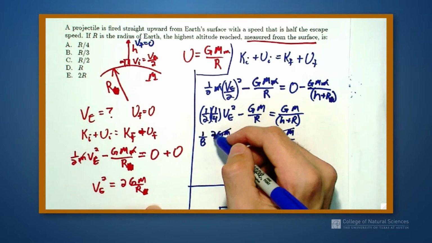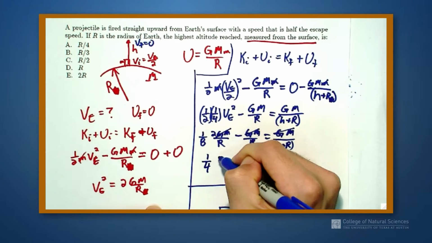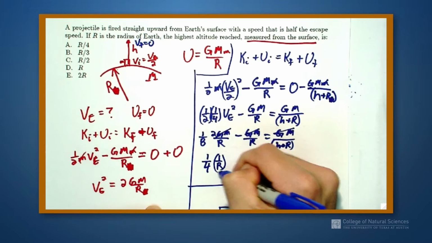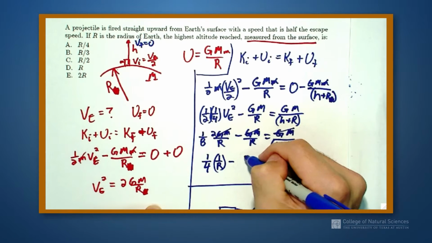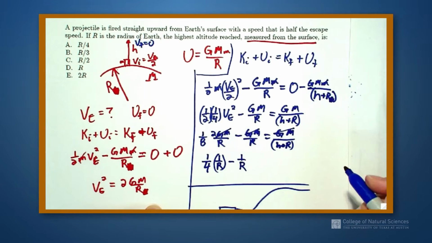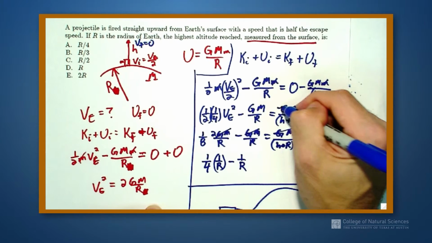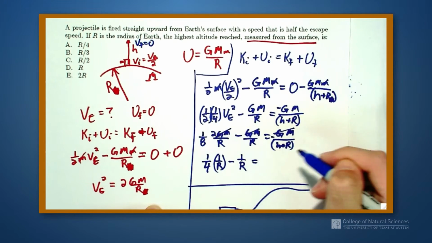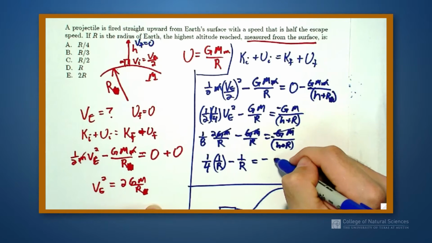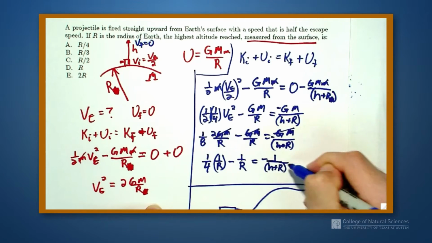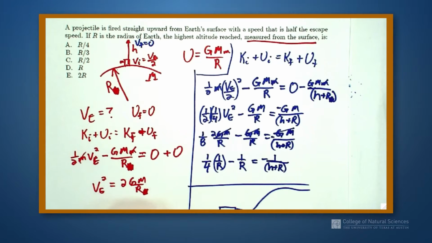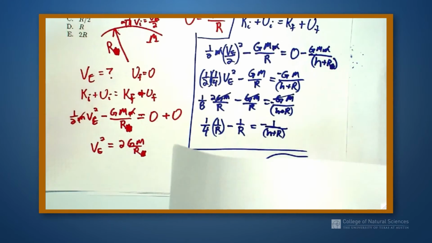And I am left with 1/4 times 1 over R minus 1 over R, oh, there's a minus sign that I forgot, is equal to minus 1 over H plus R. I'm running out of room, so I grab another piece of paper and shift everything up a little bit.